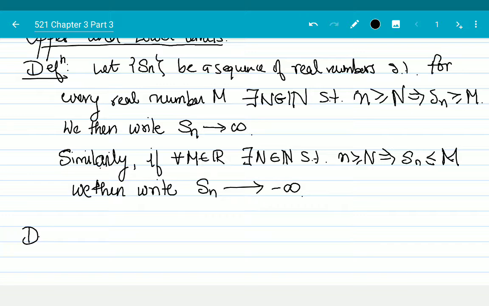Then definition. Let Sn be a sequence of real numbers.